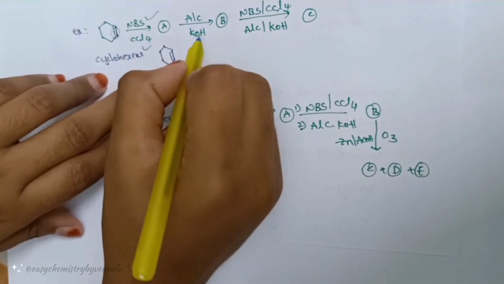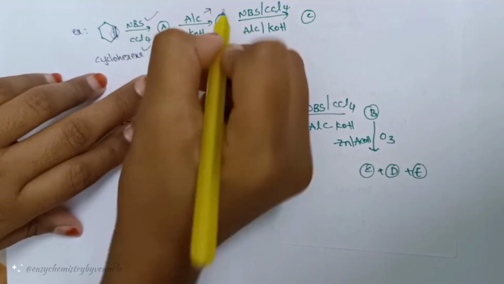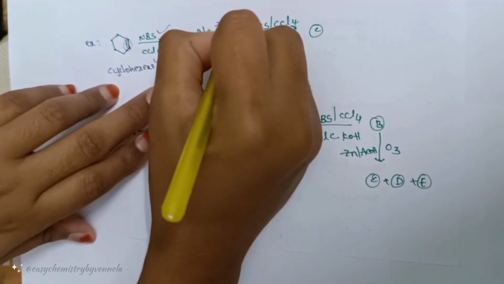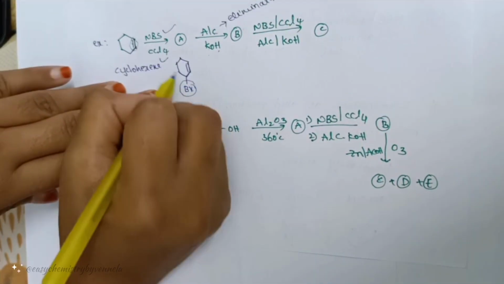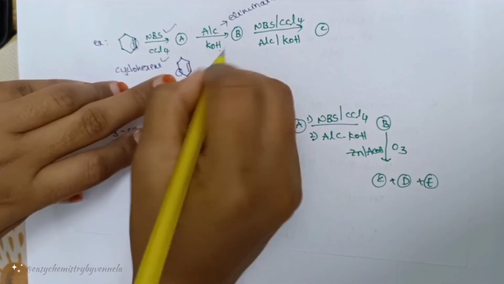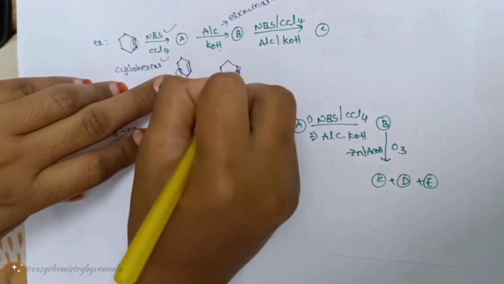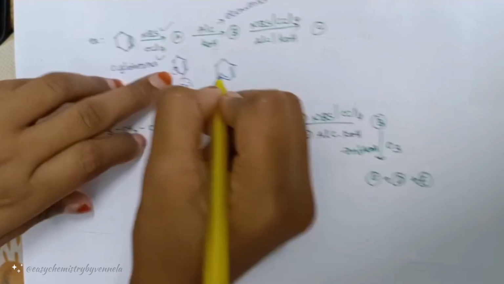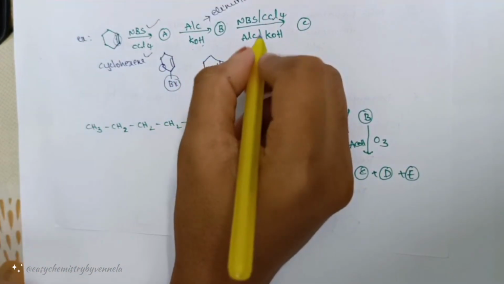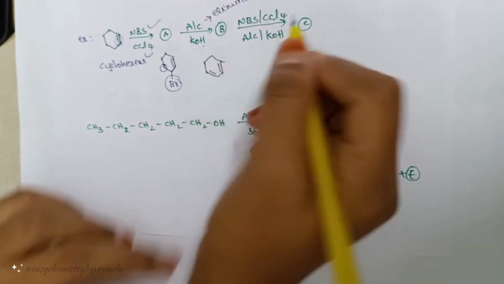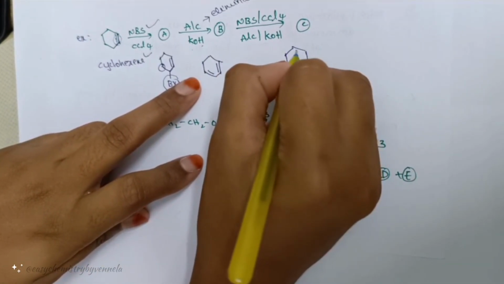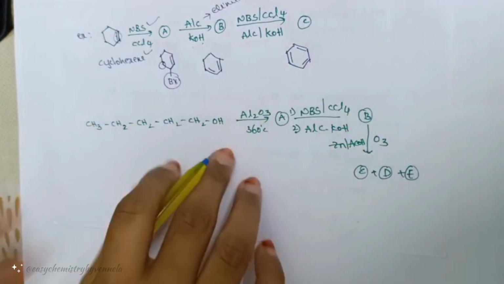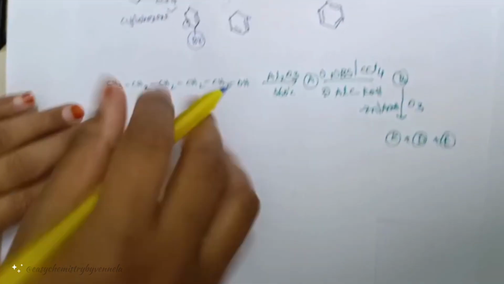After this, alcoholic KOH, potassium hydroxide, is an elimination reaction. So here elimination of bromine and here hydrogen. So it forms one double bond like this. After this, you have to repeat the same reagent. So finally you can get benzene. This is a very simple example.